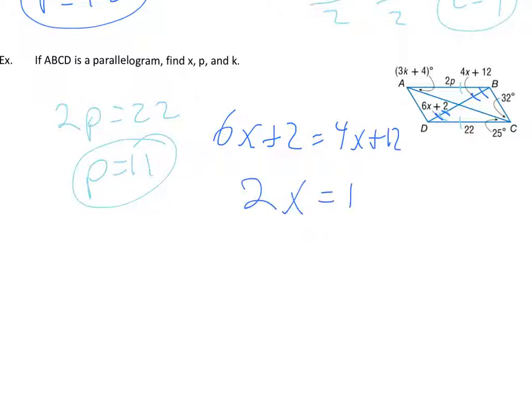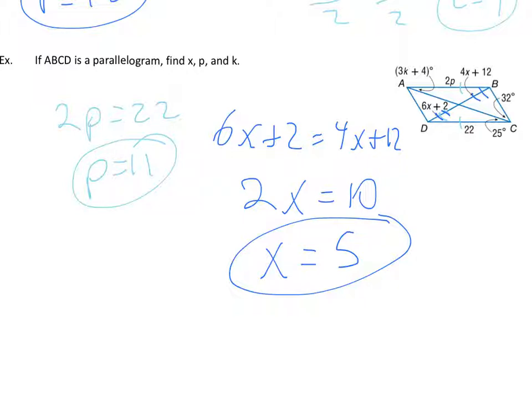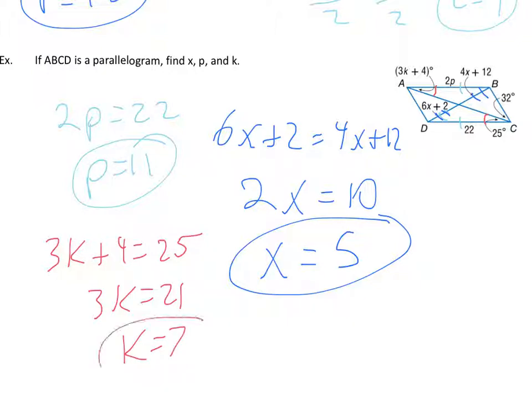Subtract 2, we get 10. X equals 5. Slow it down if I went too fast on that. And then the last one again, we have those alternate interior angles. This angle is congruent to 25 because of alternate interior angles. 3k plus 4 equals 25. 3k equals 21. K equals 7.